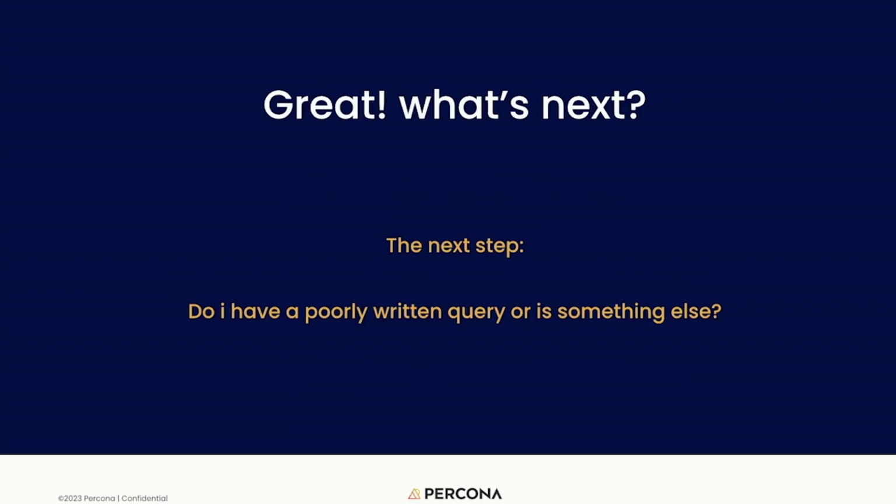So now that we know what terminology or concept is more useful, we need to identify if a query is slow because the query itself is bad, or because it has a lot of time waiting in a queue, right?